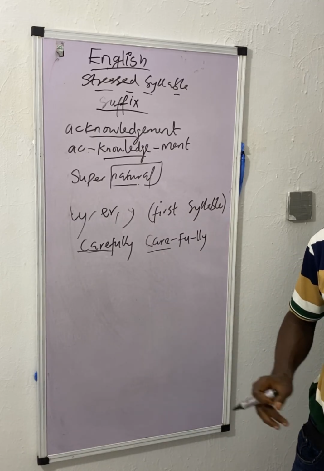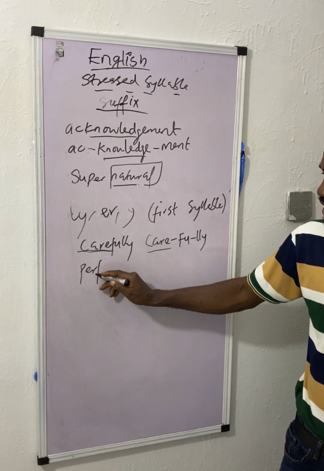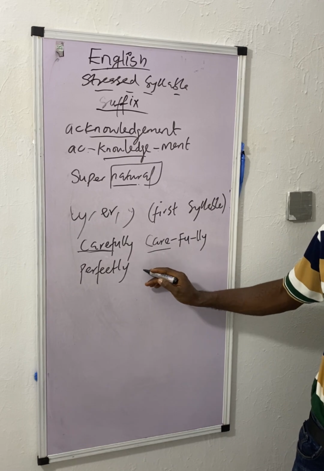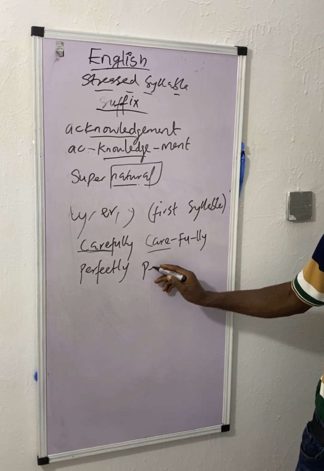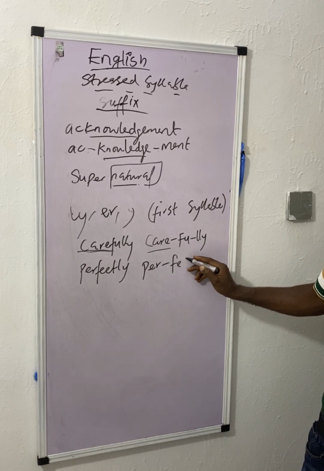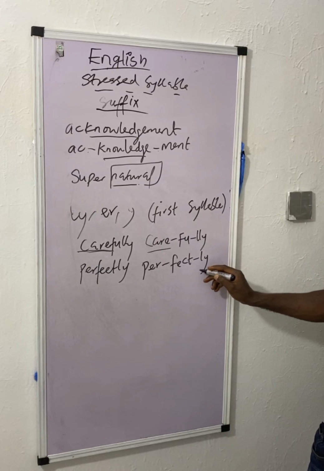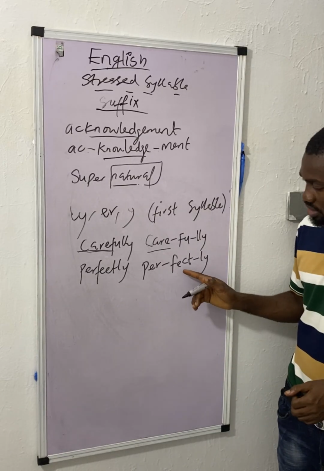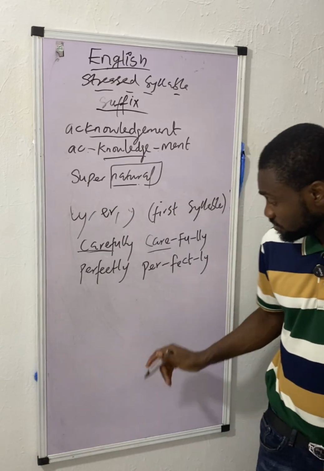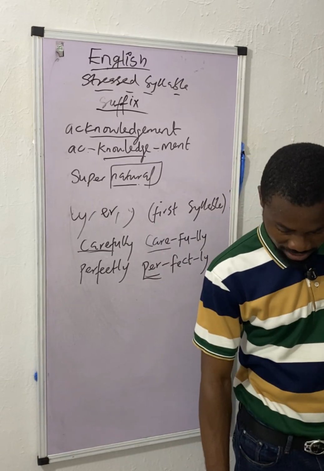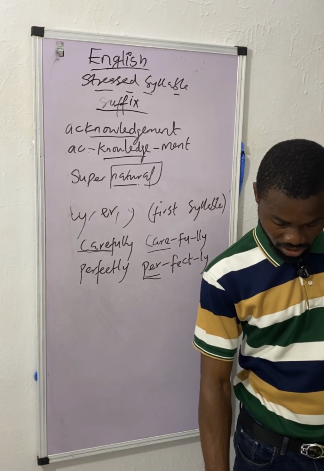Another one is perfectly. Rewriting this, we have perfectly. We have the stress syllable here, the first syllable, per. That's that for that.